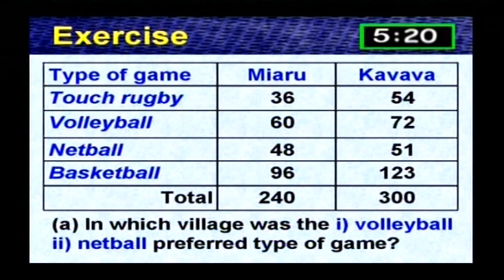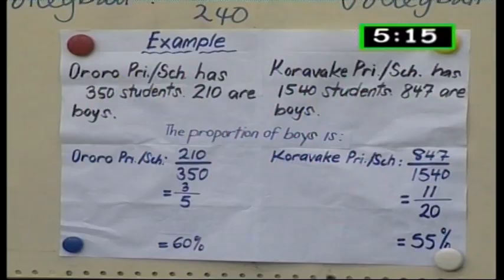You can simplify this to the simplest fraction, and then change it to percentage. Okay? Receiving students, follow this example. Use this example to work out the answer for the learning activity.